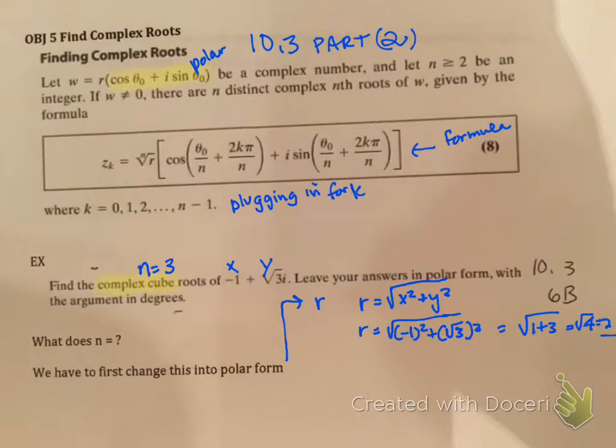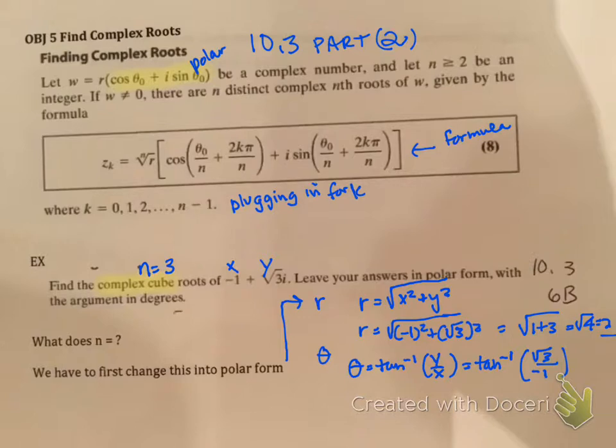All right, we also need theta. So remember that theta is the inverse tangent of y over x. If I plug that in, y is radical 3 over x, which is -1. So when we do that, we get negative radical 3.